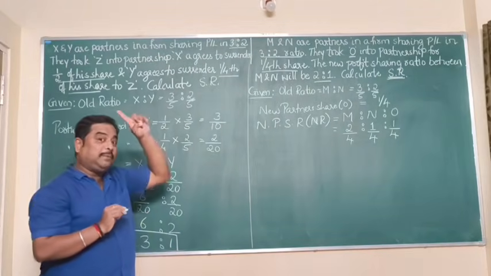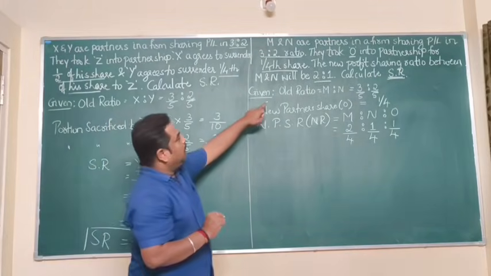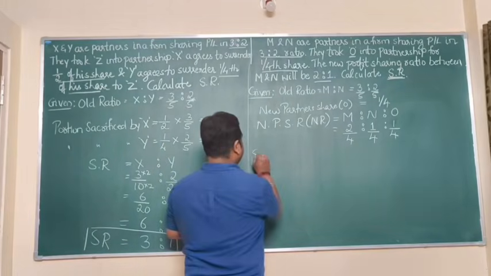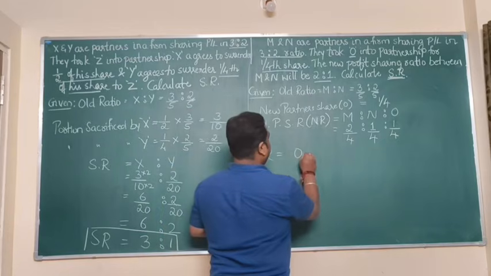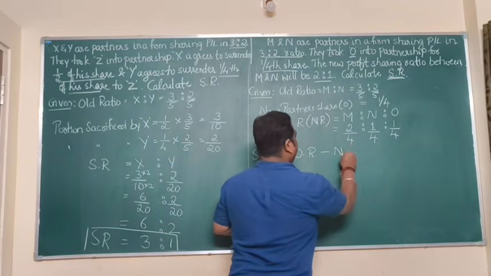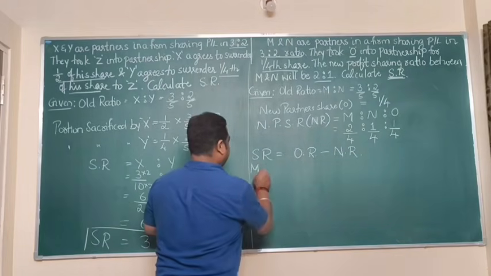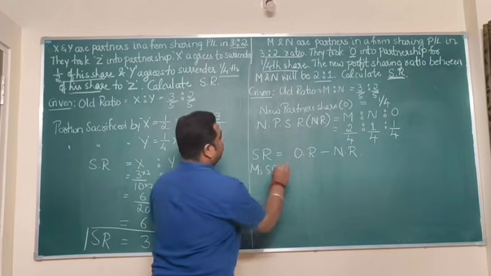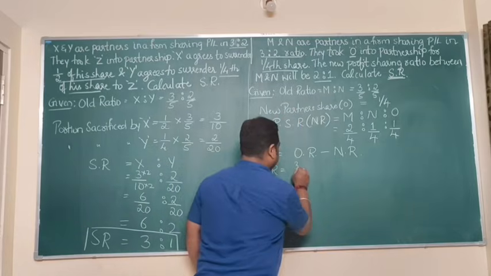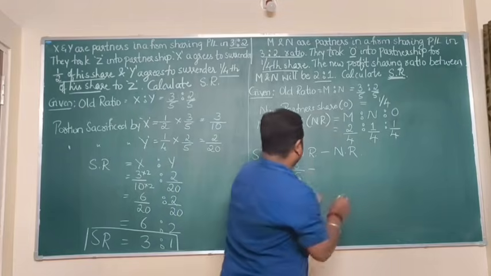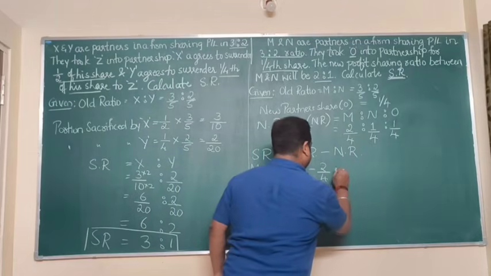It's similar to the first three problems we have solved. They have given old ratio and they have given the new ratio. Formula is simple. Sacrifice ratio is equal to old ratio minus new ratio. M's sacrifice ratio. What is M's old ratio? 3/5 minus what is M's new ratio? 2/4.